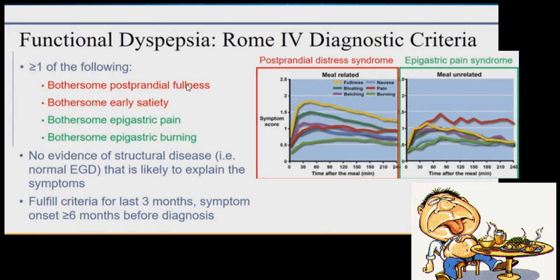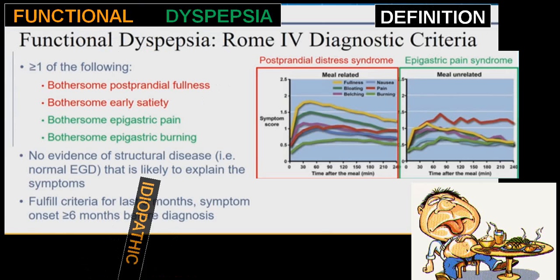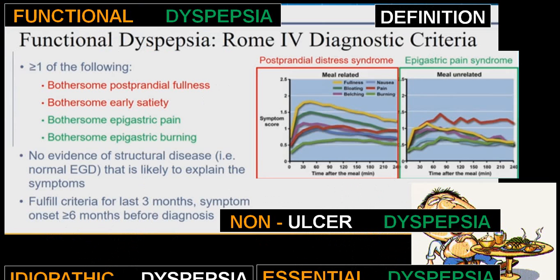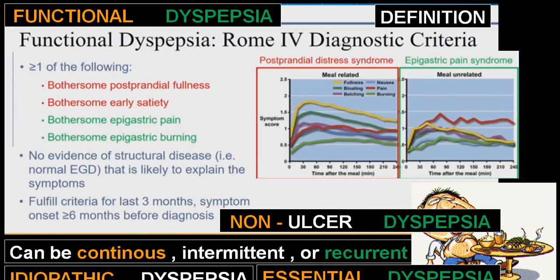And if one from this and one from this is present, then it is overlapping. Functional dyspepsia is also called idiopathic dyspepsia, essential dyspepsia, non-ulcer dyspepsia, and a person can present with continuous symptoms, intermittent symptoms, or recurrent episodes.